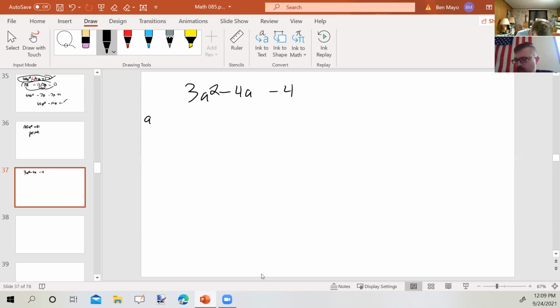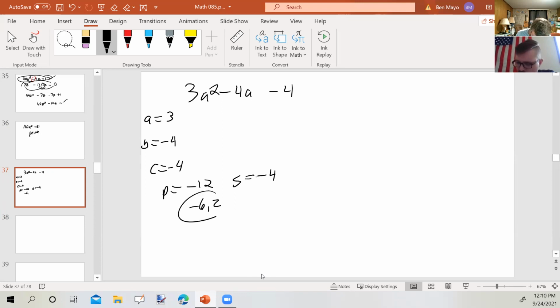Okay. A is 3, B is -4, C is -4. The product is -12, and the sum is -4. How about -6 and 2? Okay, so I get 3a squared minus 6a plus 2a minus 4.